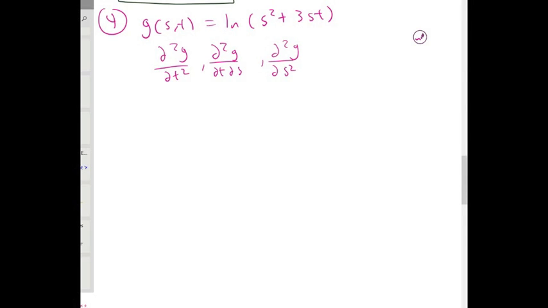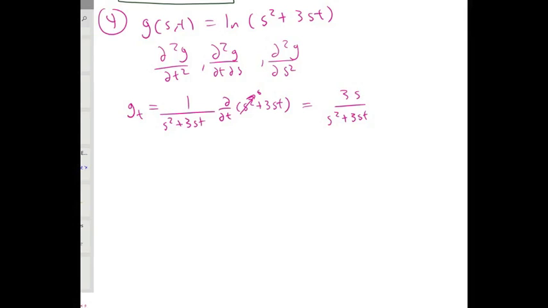So we'll first differentiate this with respect to t, and for ln we have 1 over the inside of the function, and we're going to multiply by the t derivative of what's inside the function. So this will go to 0, and this will just be 3s, so we'll have 3s over s squared plus 3st. And we can factor out an s and cancel it. So we have 3 over s plus 3t.